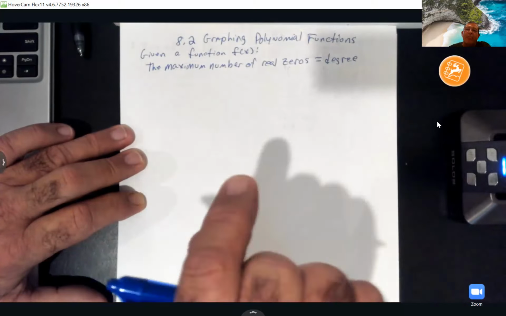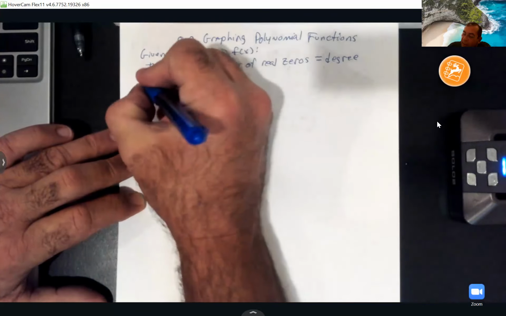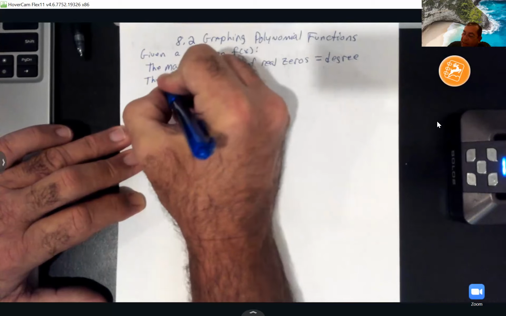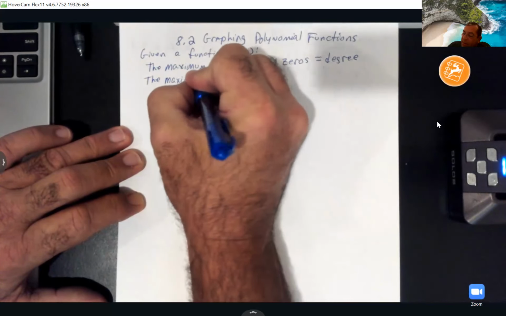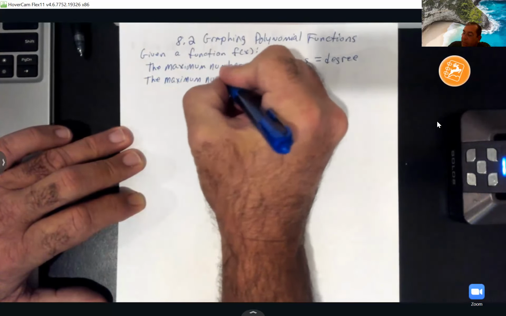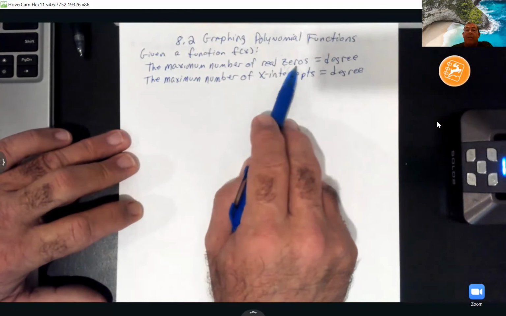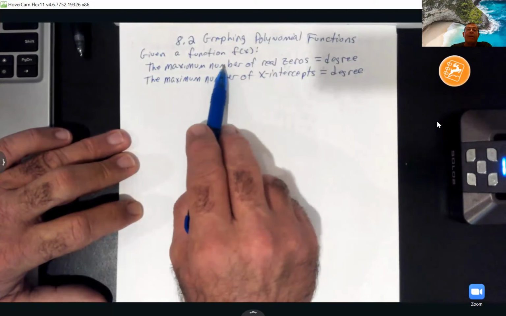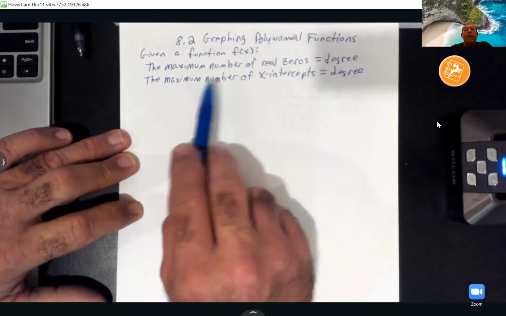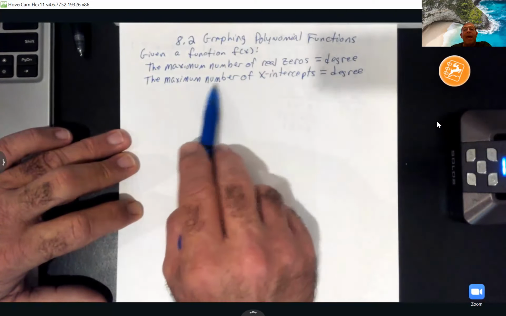So if the maximum number of real zeros equals the degree, the maximum number of x-intercepts is equal to the degree. Because we said the x value of these x-intercepts was equal to the zeros in the past. So if the number of real zeros is equal to the degree, then the maximum number of x-intercepts has to also be equal to that degree.